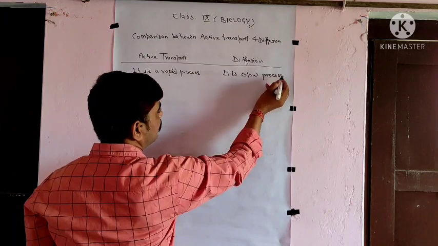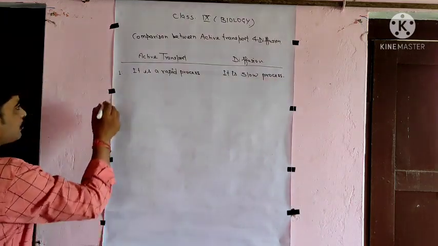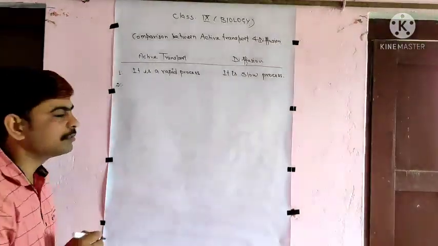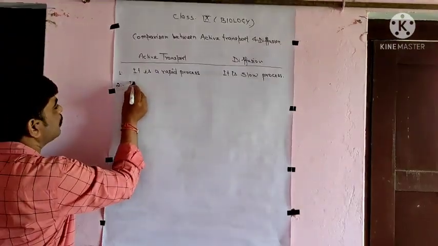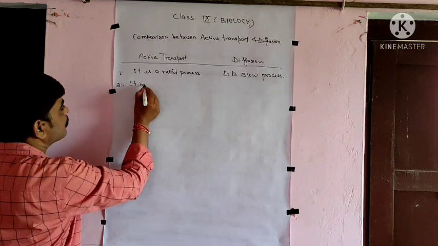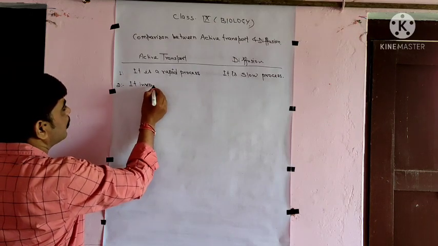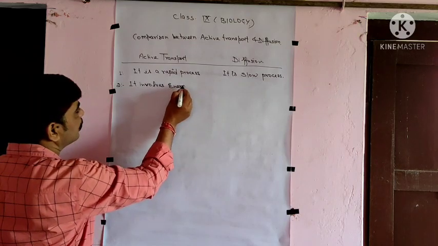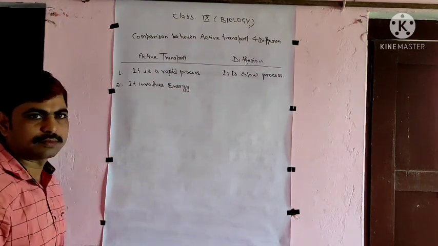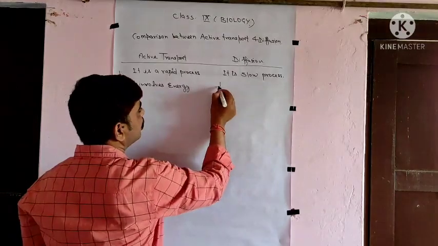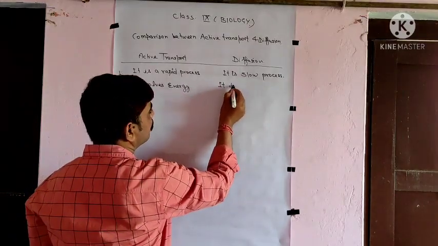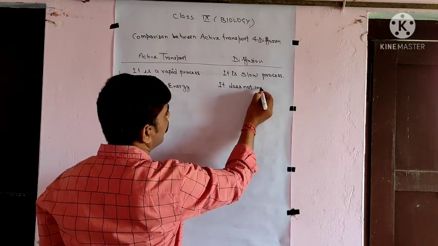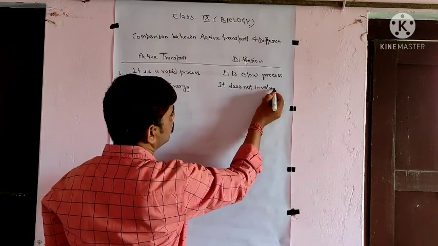Second, why is it rapid? Because it involves energy. Here, diffusion does not involve energy.